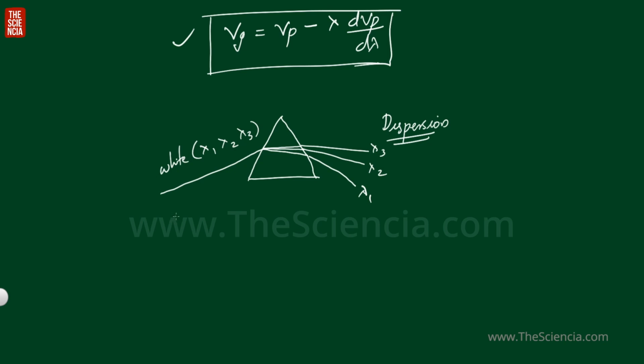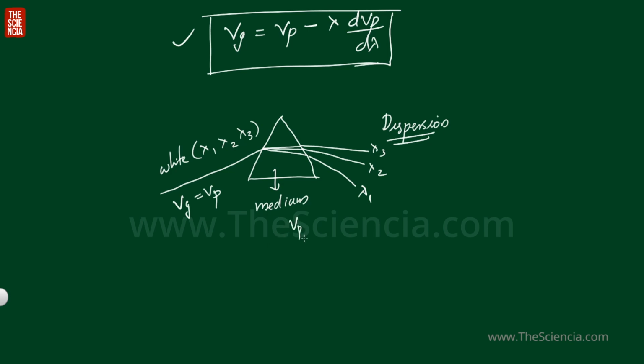See, this white light consists of all these wavelengths, right? And when it is traveling through the air or vacuum, this Vg will be equal to Vp. So each of these waves also travels at the same velocity as the group velocity. Okay, but when it travels through the medium, each wavelength will travel with different velocities.